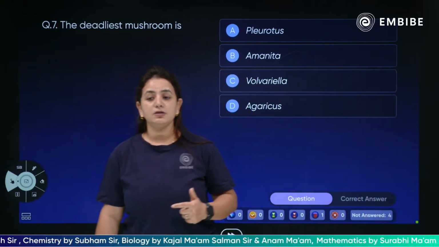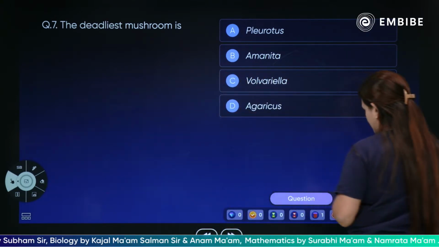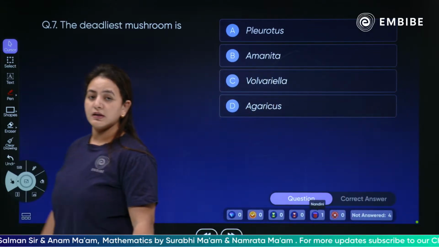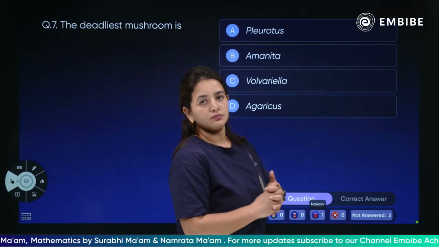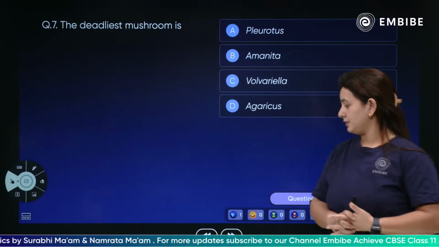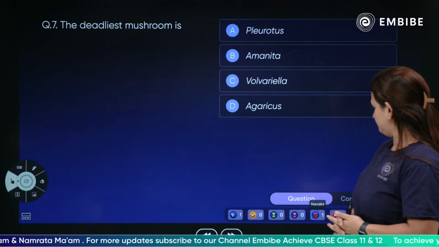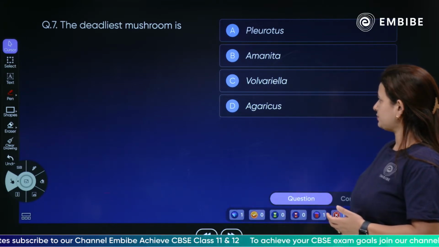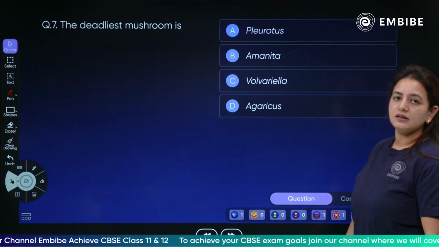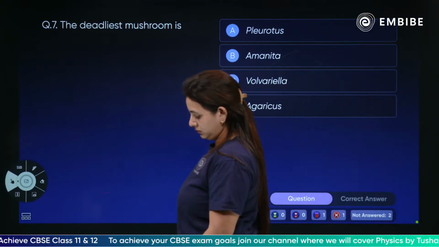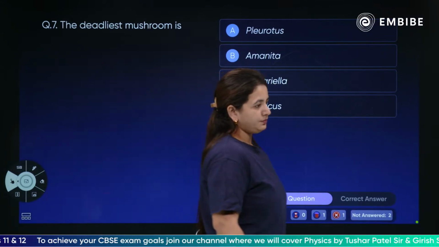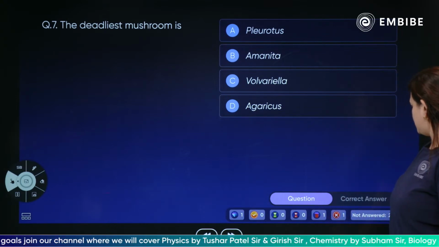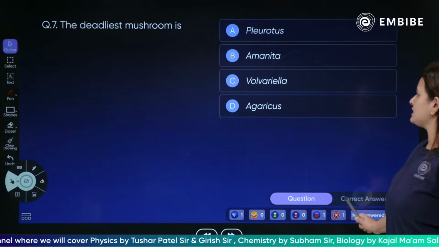Come on, at least try this. Children, the deadliest mushroom is Amanita.